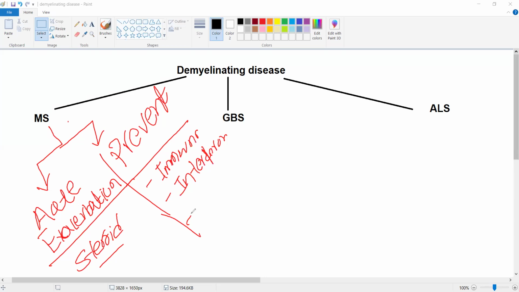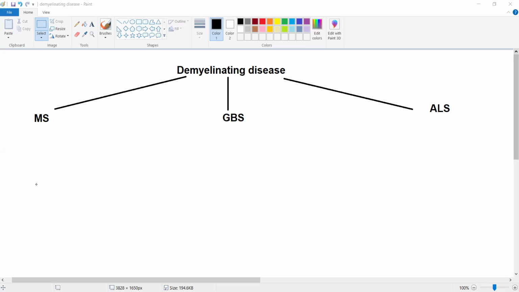If there is spasticity, we use drugs that relieve the spasticity. If the patient presents with urinary problems, we treat these according to the symptoms. But the main high yield stuff is acute exacerbation, the steroid, right? So this is some review about multiple sclerosis. Let's move toward GBS.